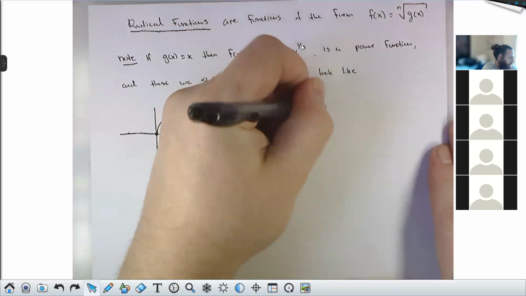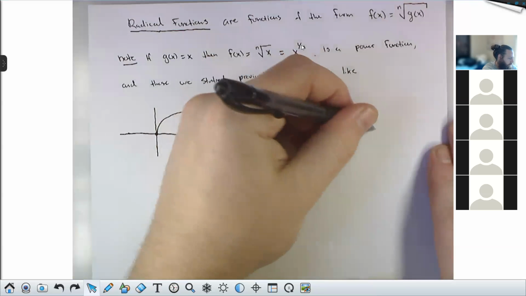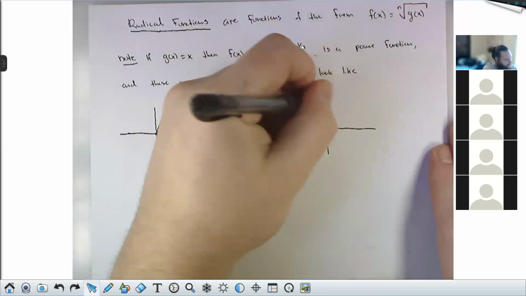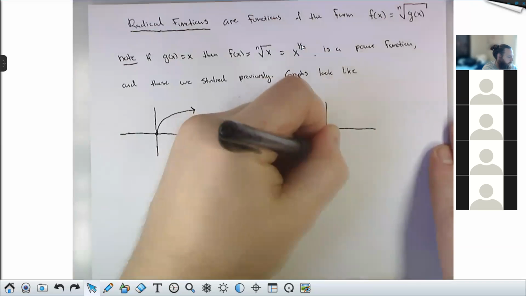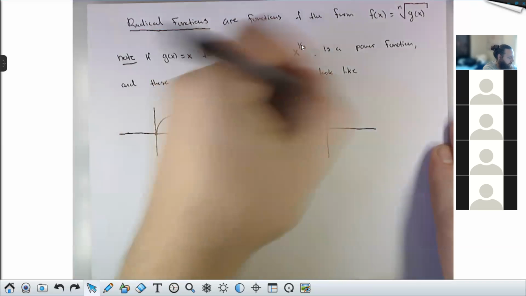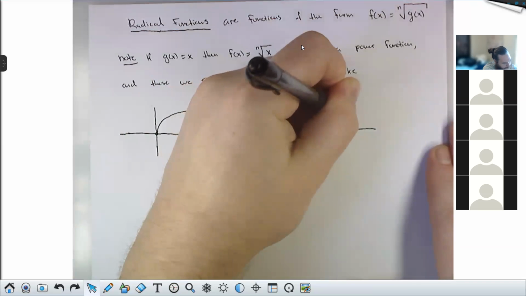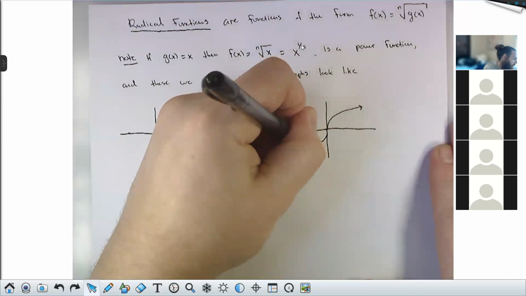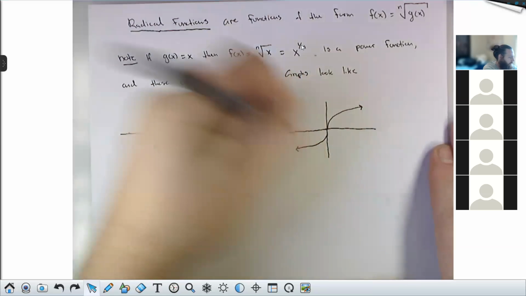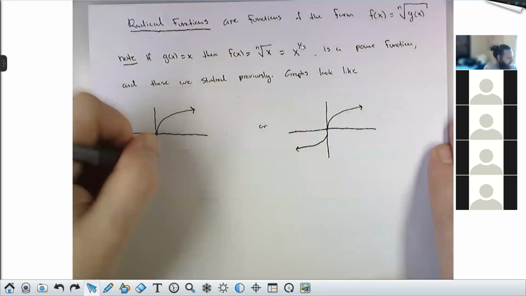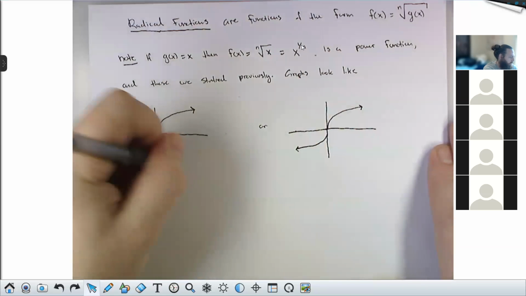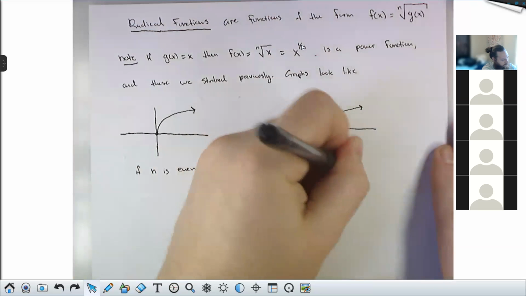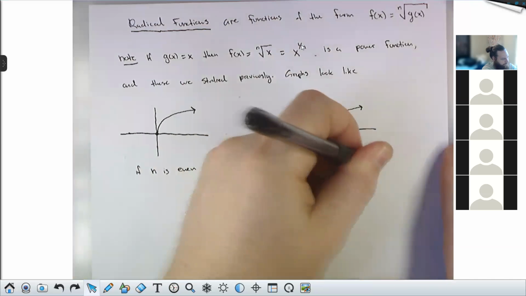Or if it's an odd root, it'll look like that same picture in the first quadrant, but then they have that kind of serpentine squiggle shape in quadrant 3. This is if n is even. And this is if n is odd.